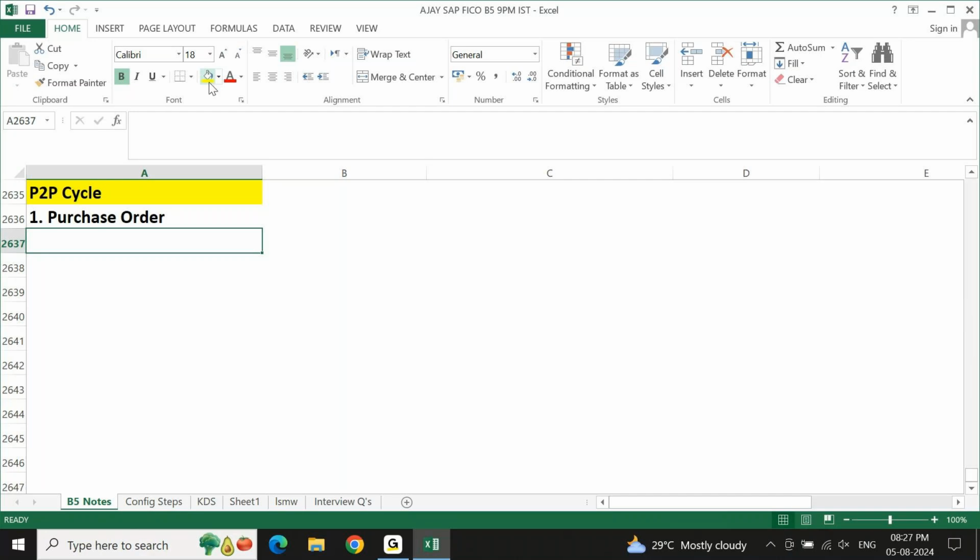Before purchase order, purchase requisition and all those things are available, which we do not necessarily have to talk about in the interview. Once you are thorough with this, later on you can add additional points, but whatever I am writing is mandatory, you cannot ignore it. Please make a note of it. You cannot ignore even a single percent of it.